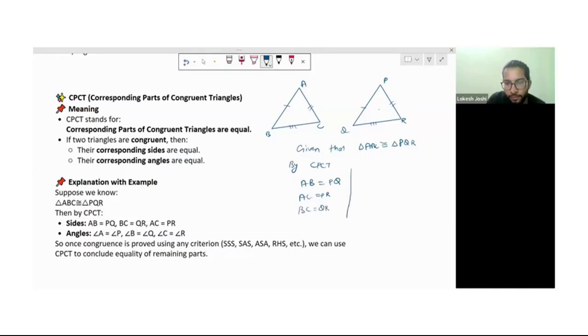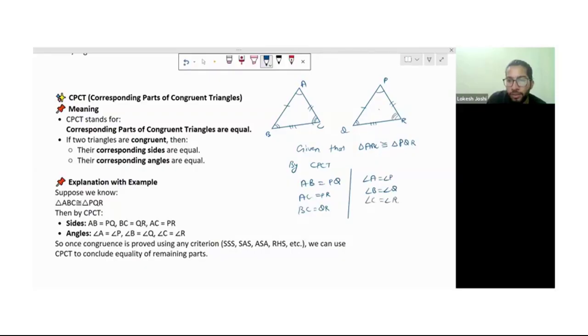The same holds for angles also, which means angle A is equal to angle P, angle B is equal to angle Q, and angle C is equal to angle R.